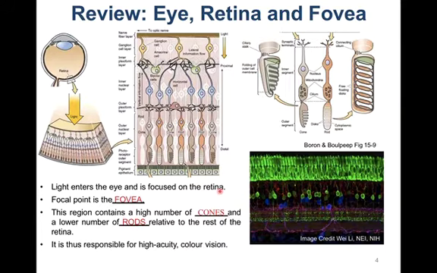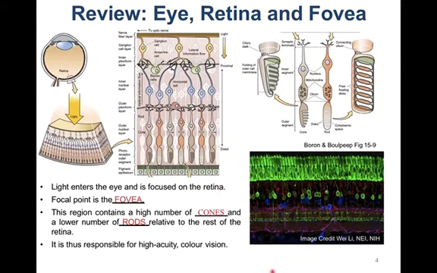And remember, the function of most of the retina is giving information on intensity of light, ambient light, how much light. Whereas at the fovea, that's sharp, high acuity color or scotopic vision, right? Rods are responsible for photopic vision, yes or no, how much light, and cones are responsible for scotopic, color, high acuity vision.